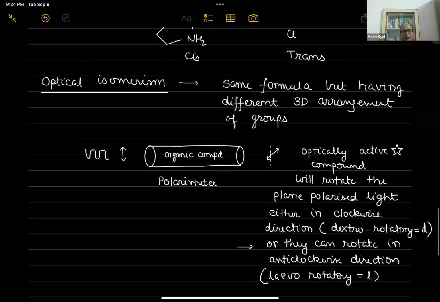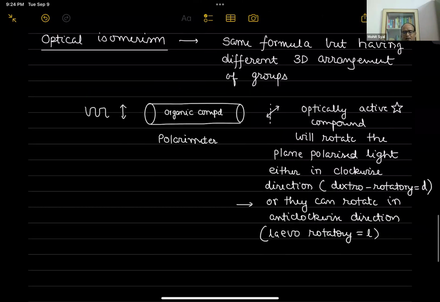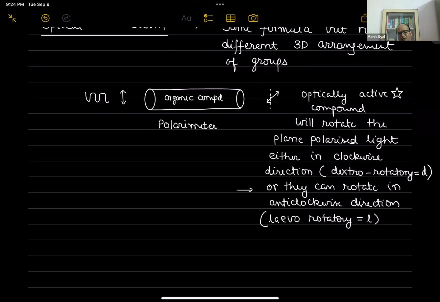Now, optical compounds can be mirror images or they can't be mirror images. So optical isomers, how are they checked? So what are optically inactive compounds? Can you tell it by reversing the definition?